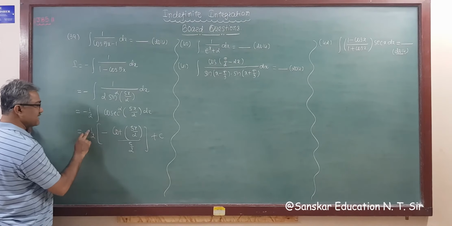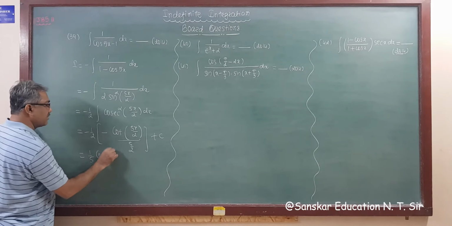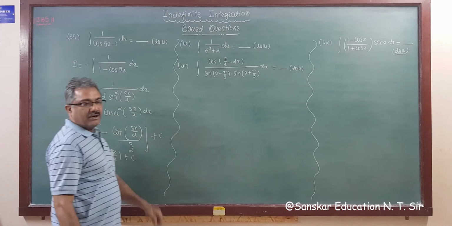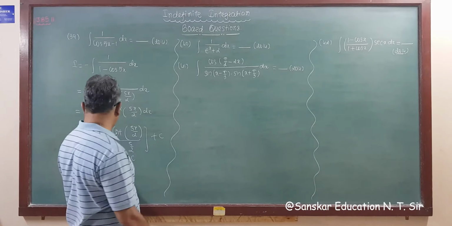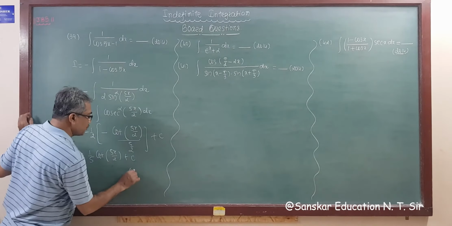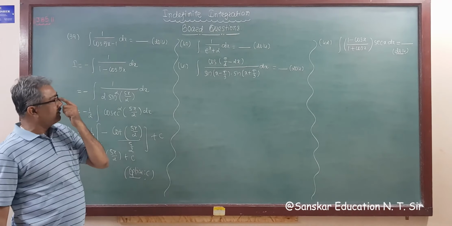So minus minus is plus, and these 2 will cancel. So the answer is 1 upon 5 cot (5x by 2) plus c. Option C is your correct answer. So option C is your correct answer.